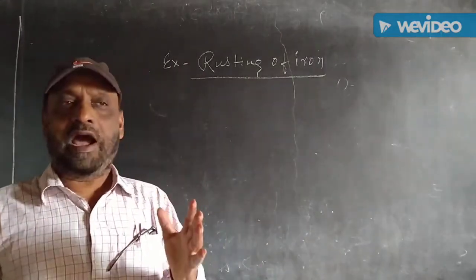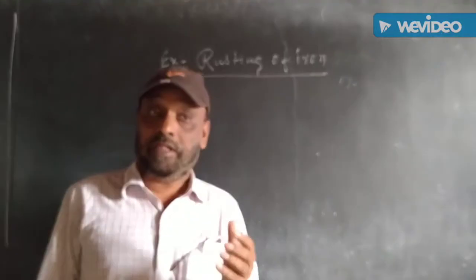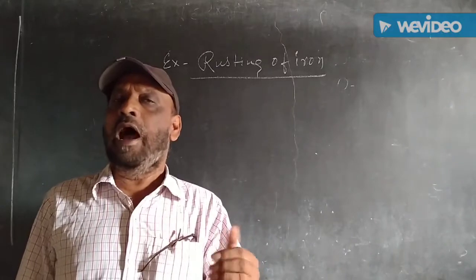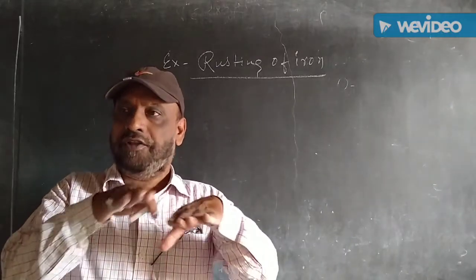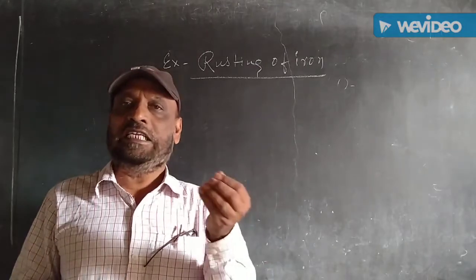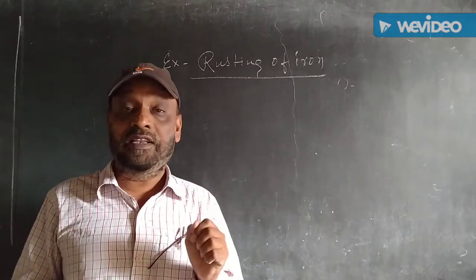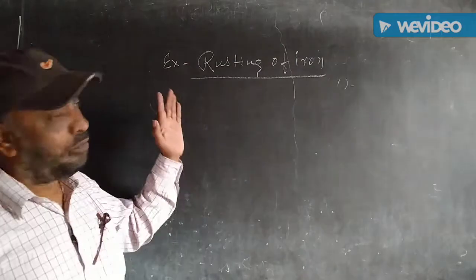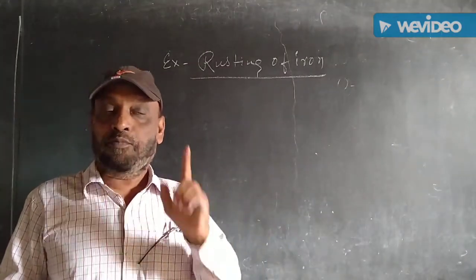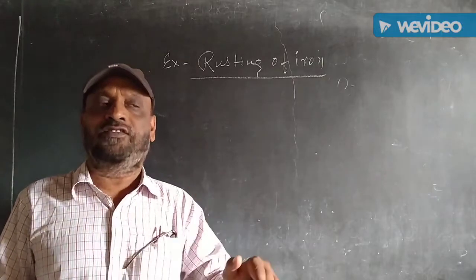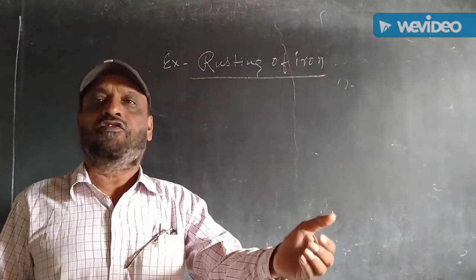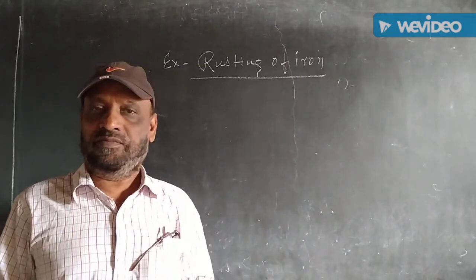Iron reacts with air in the presence of moisture to form iron oxide on its surface. Iron oxide is called rust. The process of formation of rust, meaning iron oxide, on the iron surface is called rusting.